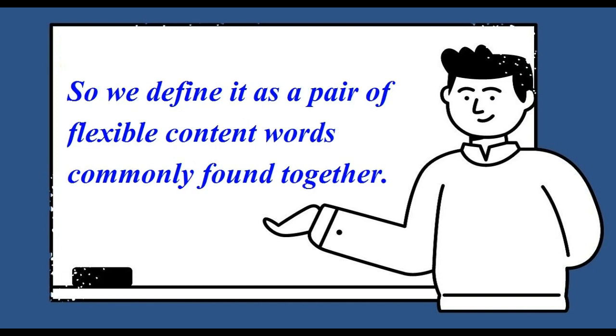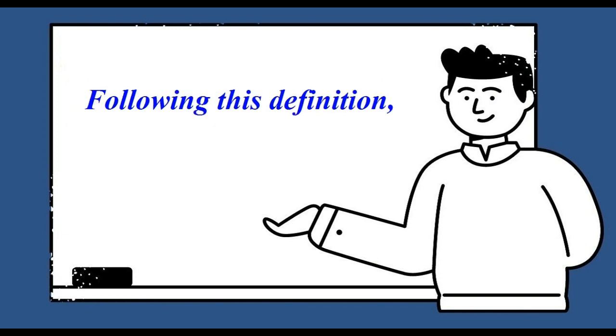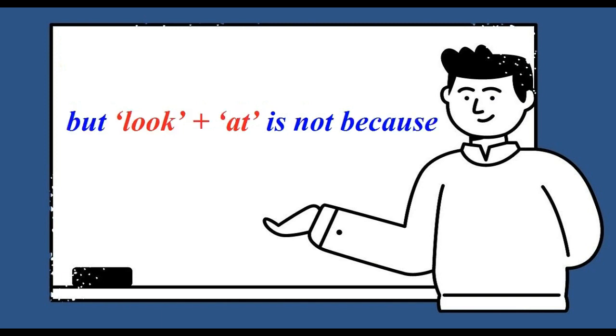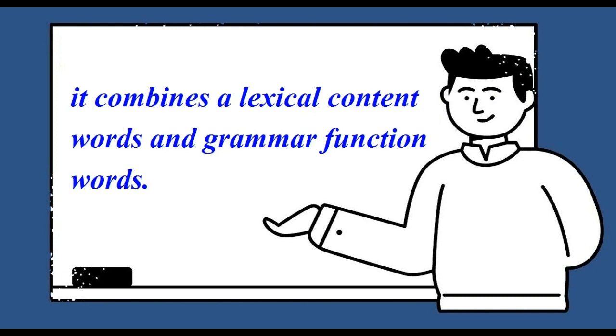So we define it as a pair of lexical content words commonly found together. Following this definition, "basics plus principles" is a collocation. But "look plus at" is not, because it combines a lexical content word and a grammar function word.